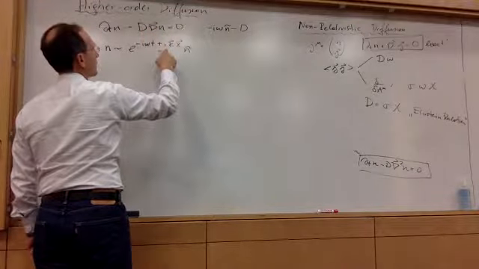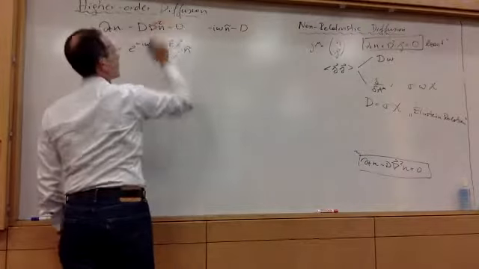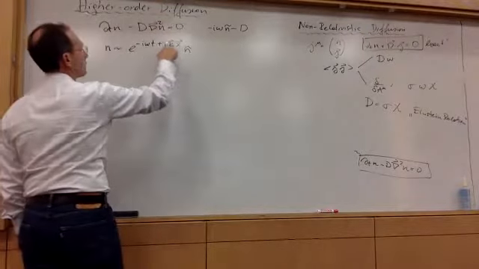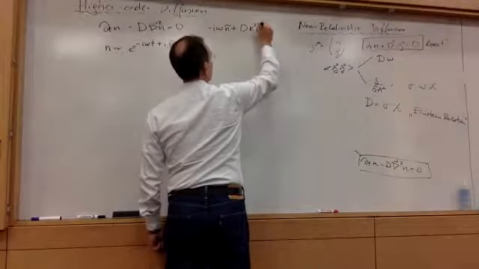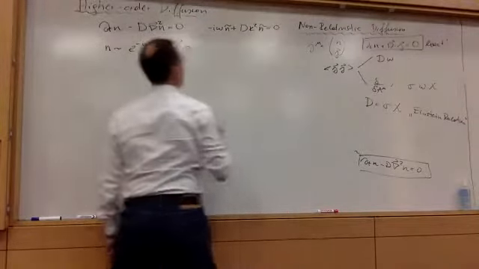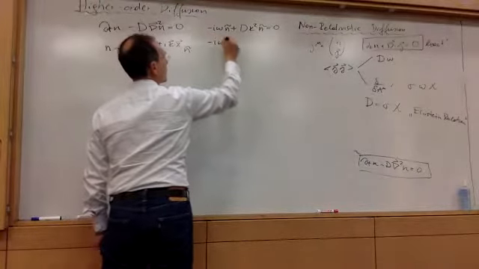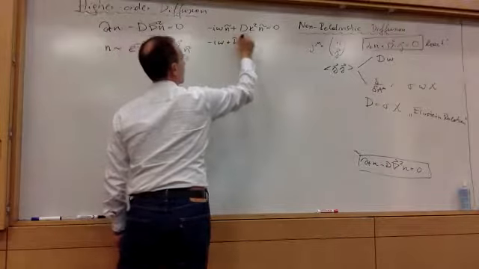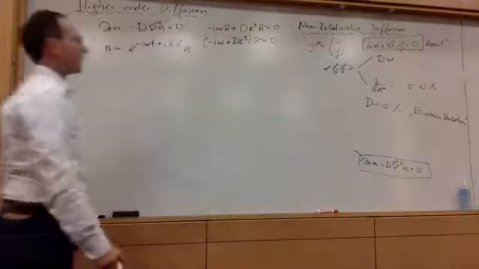The derivative brings down an ik, so squared we get twice this ik, giving minus k squared. We have plus d k squared n twiddle equals 0. I can pull out the n twiddle in Fourier space, and I get minus I omega plus d k squared, times n twiddle, is 0.